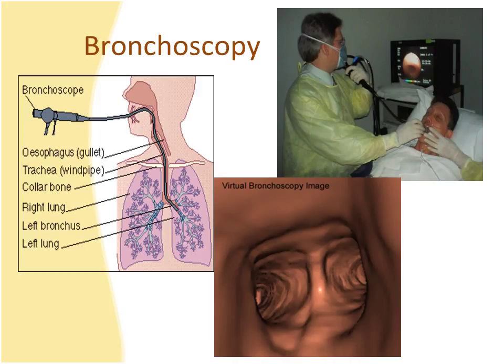Now, because of the way that the mainstem bronchi lie, most things most easily will go down the right because it has a broader angle, whereas the left is a sharper angle. But the person performing the bronchoscopy has the ability to make it go either direction.